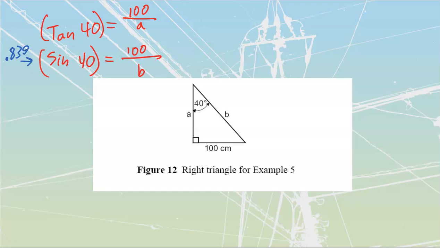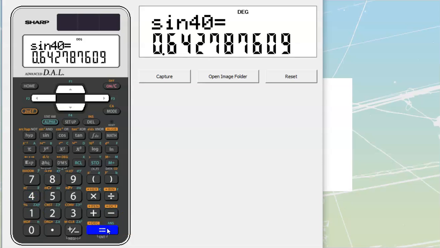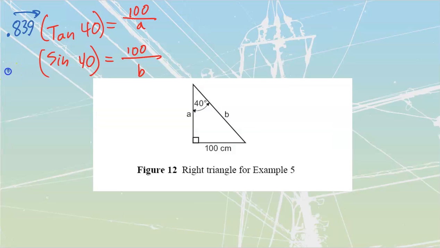And then for my sine of 40, it is 0.643 once we round that. So I can substitute that 0.643 in for sine 40. Same with this tan 40. We're going to substitute in that 0.839 over here.